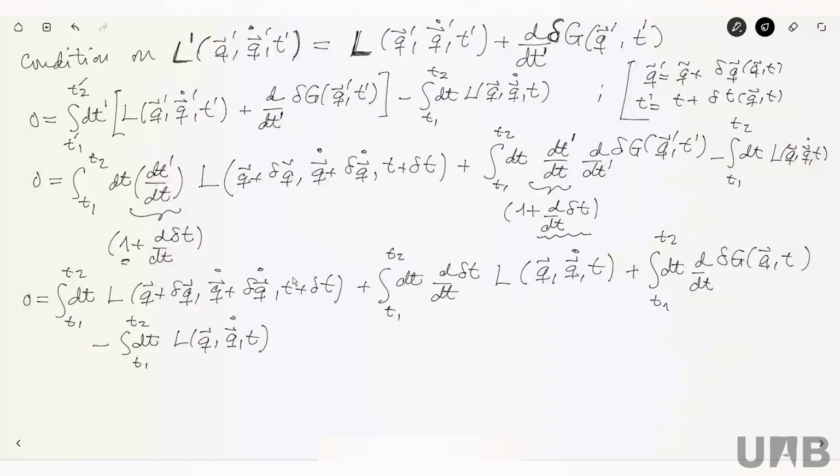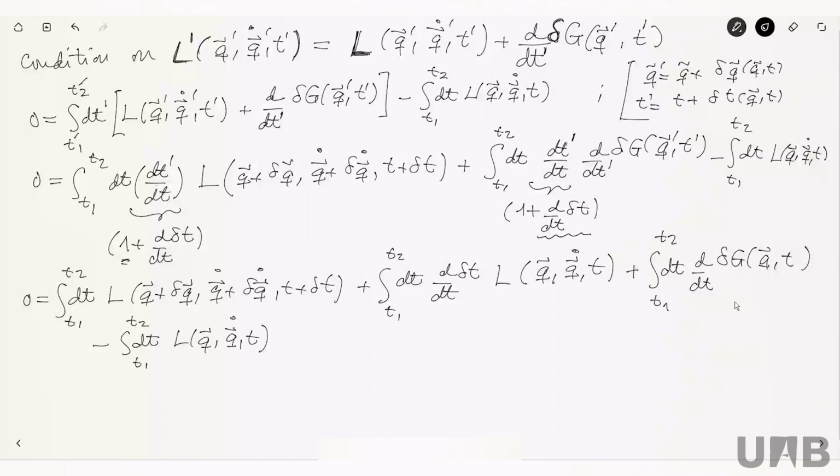Agreed? Well, I think there's an integral missing of G. There is a term missing? Yeah. Where? From the term of delta G. Here? This one? 1 plus the derivative of delta t. And then down, you just put the part of the derivative, but not the 1. No, but look, this term here, so you are complaining about this term, right? No, the other one, the one multiplying the 1.